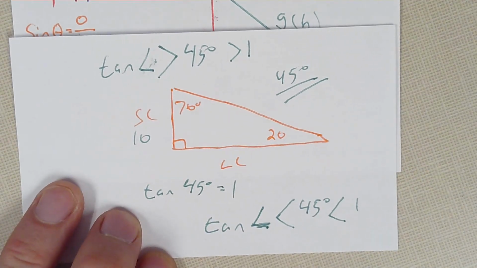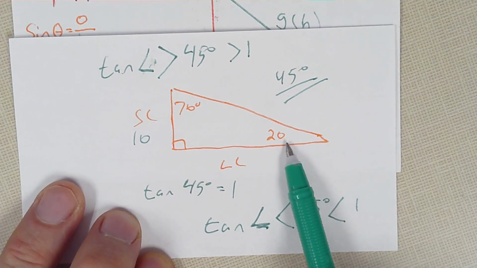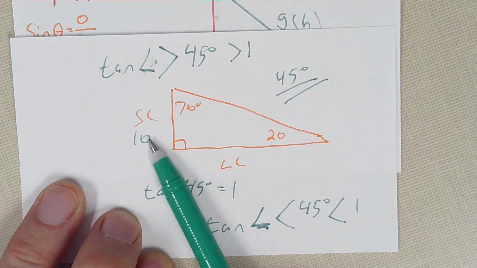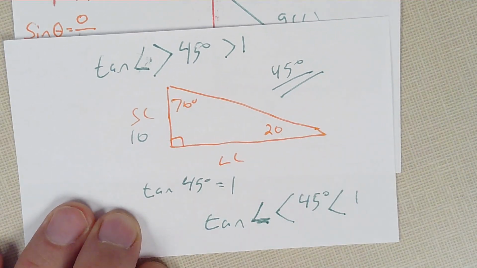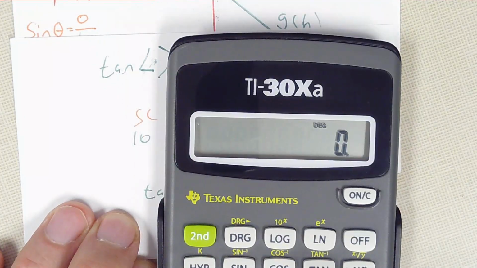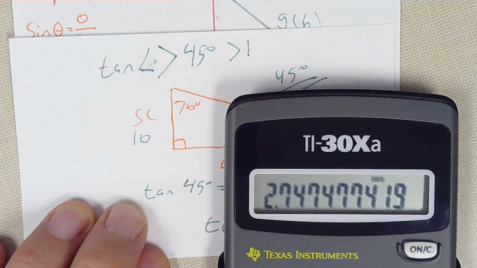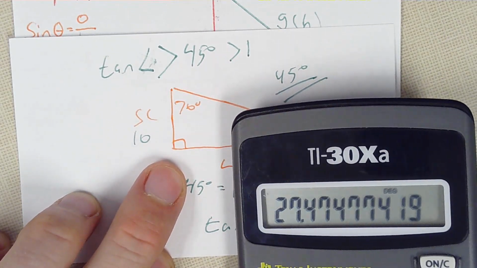So that means, right, that if I have the short leg and I'm trying to figure out the long leg, the 70 degrees, the tangent of 70 is 2.7. That means I have to multiply that by 10 to figure out the other one. That's 27.5.